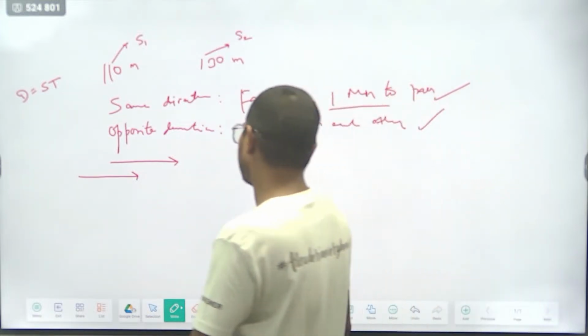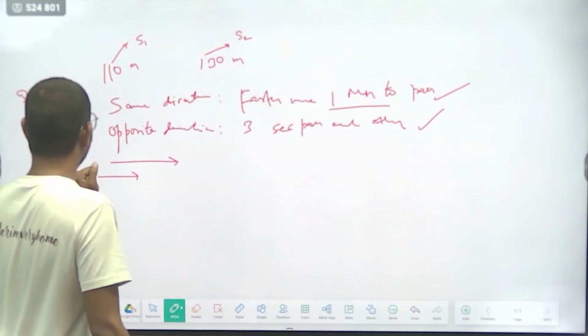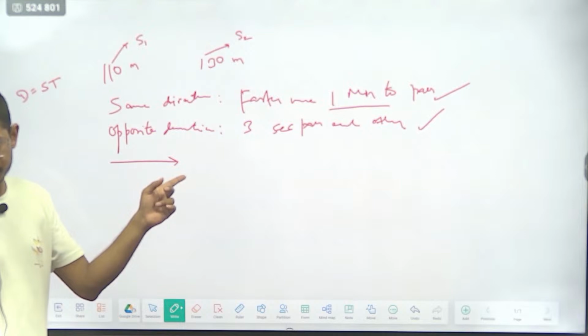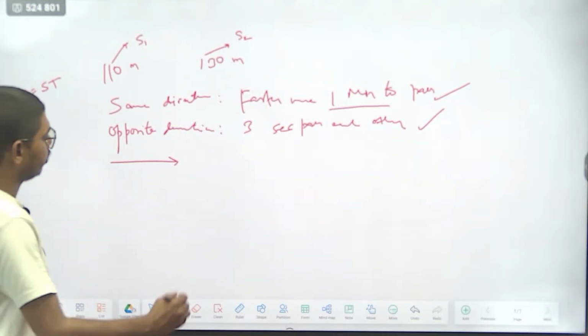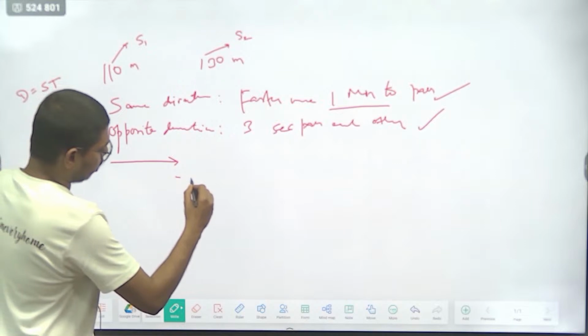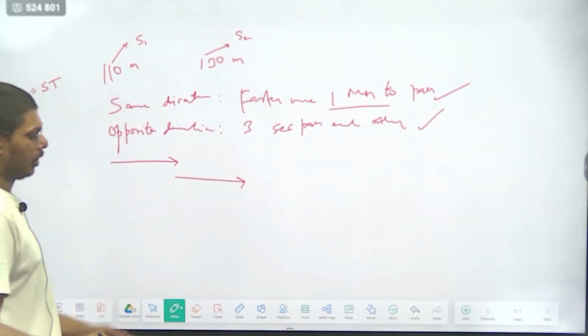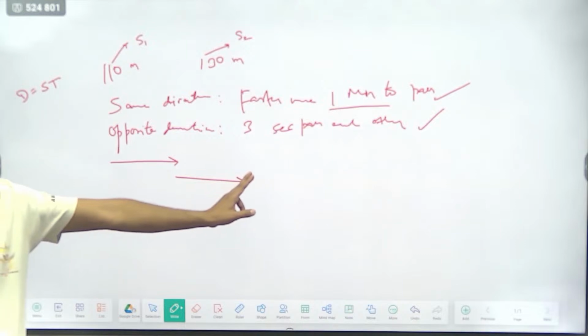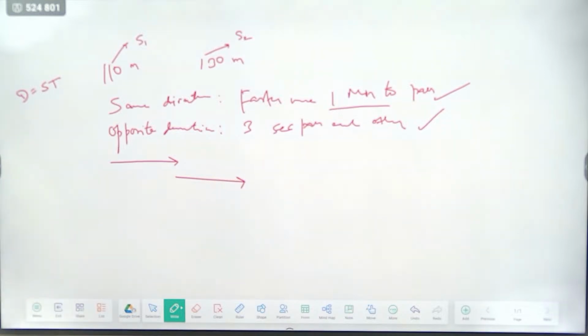Think. I'm saying this is the faster train. This is the slower train. It has started crossing now.